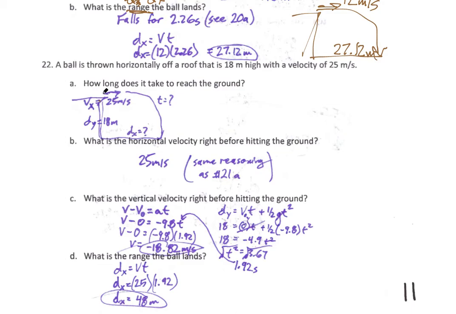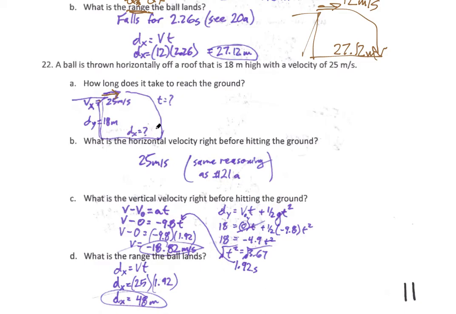I know that we've got a horizontal velocity of 25 meters per second. I don't really know the distance. That's what we're trying to figure out. But I also don't know the time either, so I can't figure it out just by using my velocity here. If I knew my time, it'd be super easy. Just take my velocity in the x direction, multiply it by my time, but I don't know that.